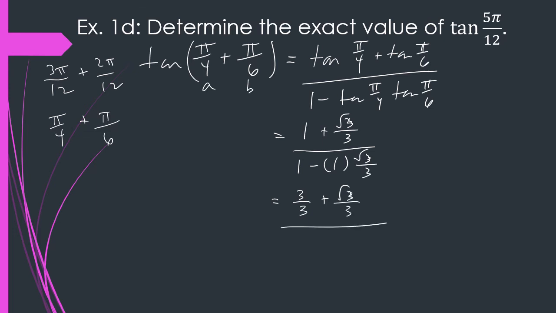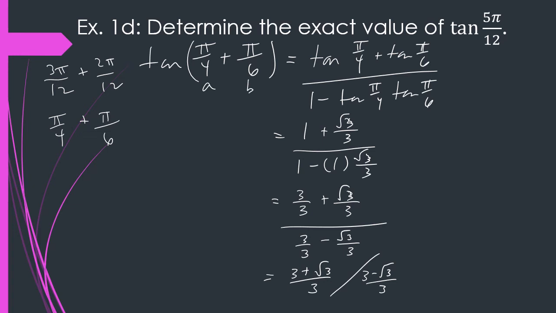And then same thing on the bottom, right? It's going to be 3 over 3 minus root 3 over 3. Now that I have a common denominator, I have 3 plus root 3 over 3 all over 3 minus root 3 over 3.